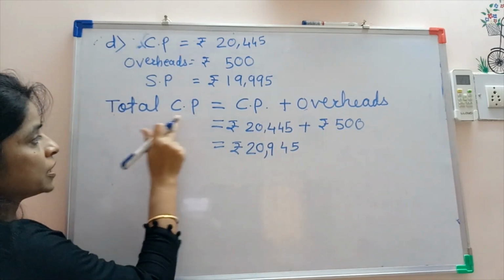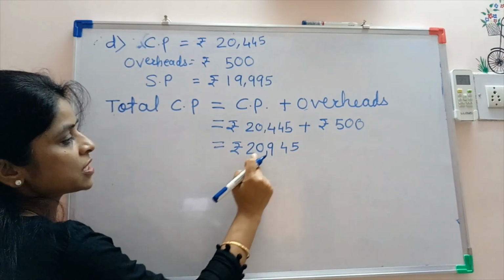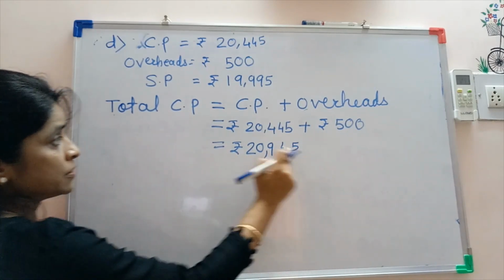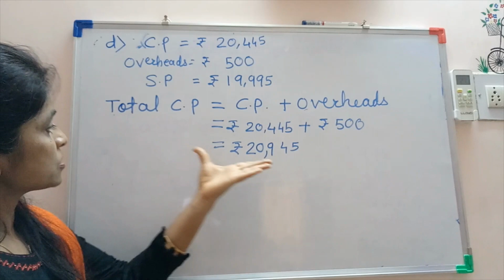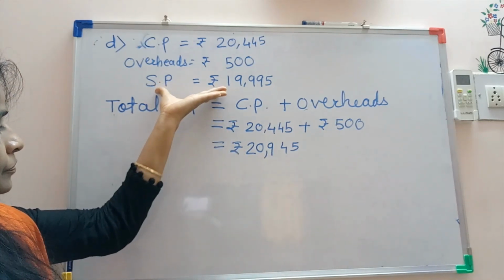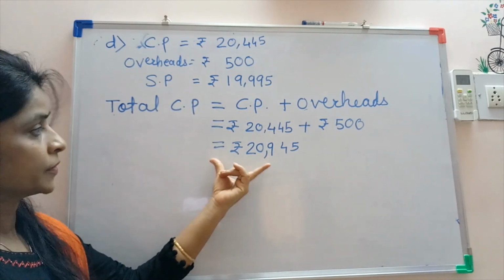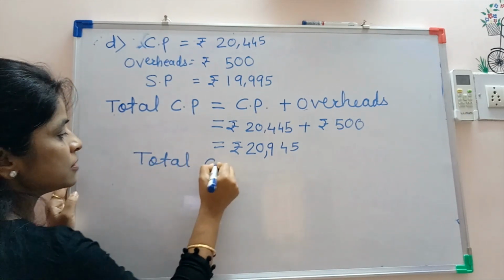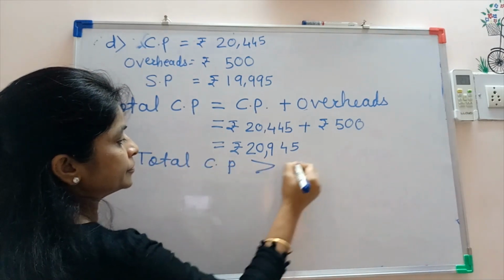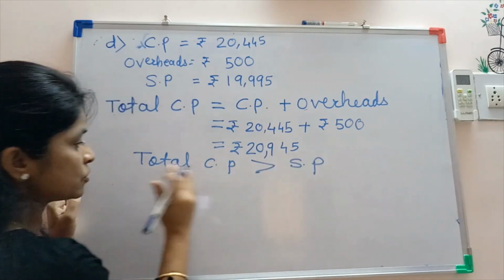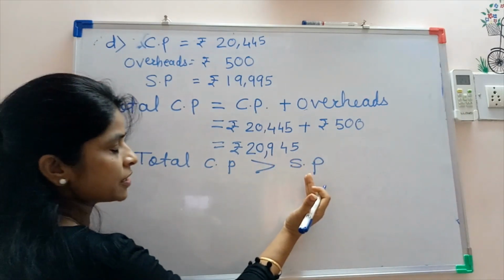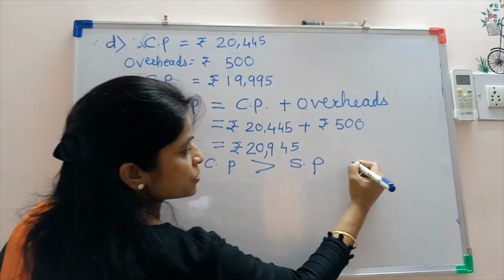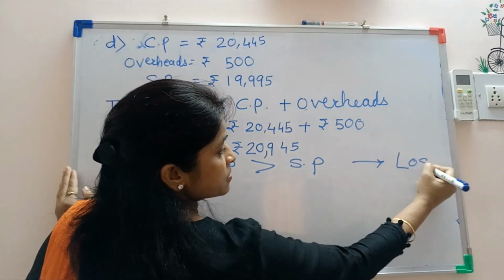So total CP is rupees 20,945. Now compare this total CP with SP. Which is greater? Total CP. Here total CP is greater than the SP, so there will be loss.